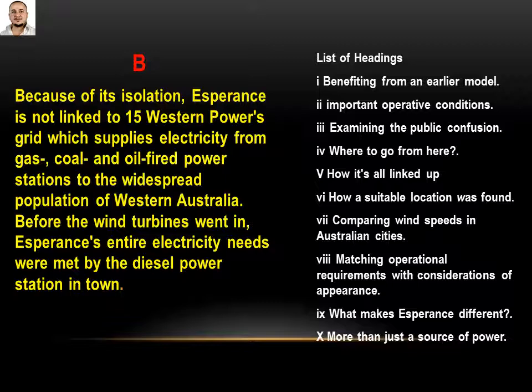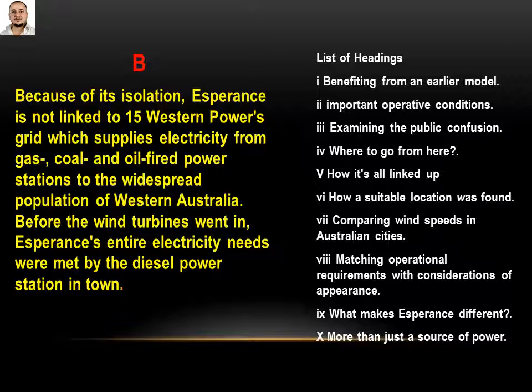The answer, because of its isolation, is hidden in this question, number 9, what makes Esperance different? The most important thing is that if you couldn't find the right heading, look for the wrong ones. Once you look for the wrong ones, you will find the right one.